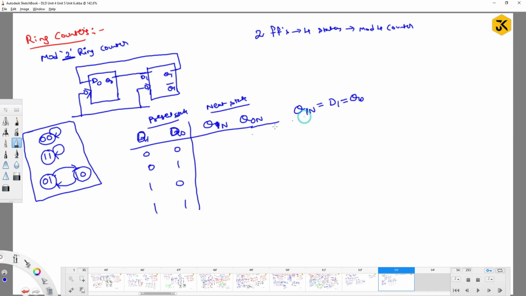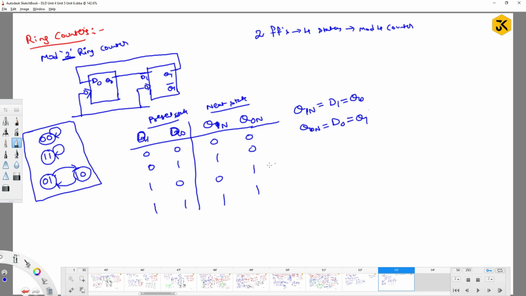So Q1n is D1, and D1 is Q0, so I can write Q1n indirectly as Q0. So 0 1 0 1. Similarly, Q0n you can write as D0, but D0 is what? Q1. So Q0n is 0 0 1 1.